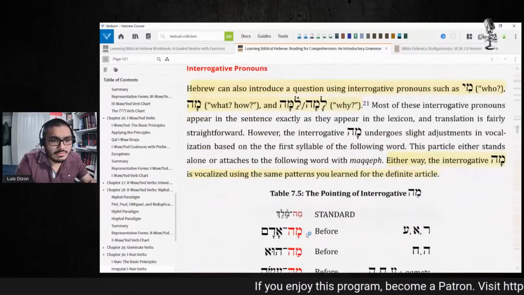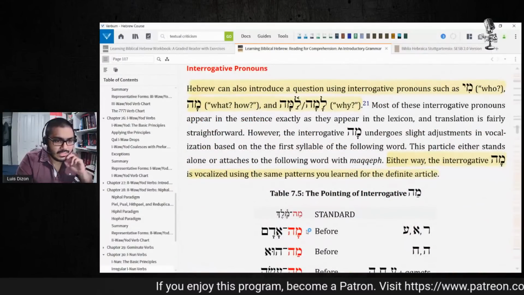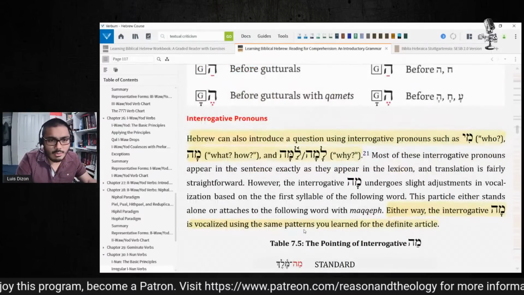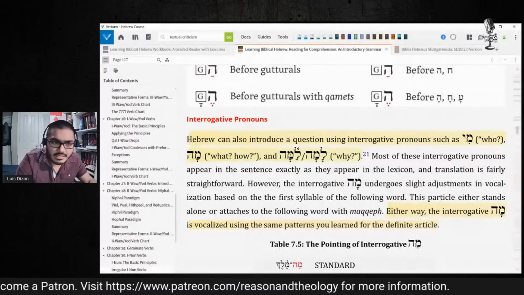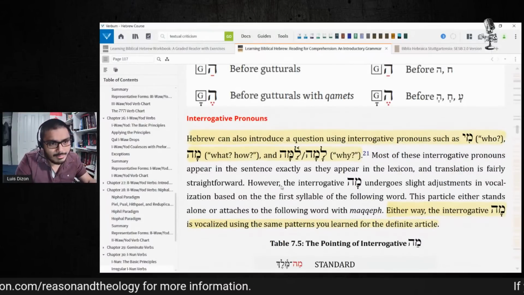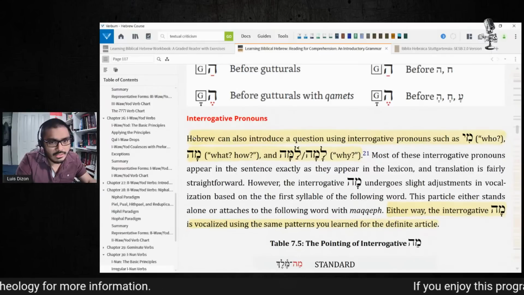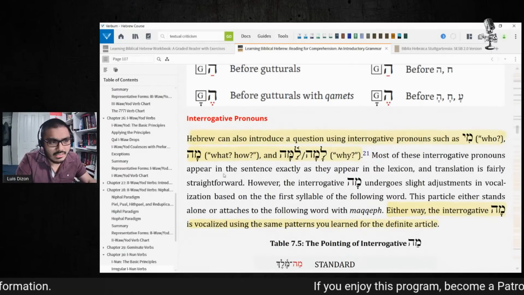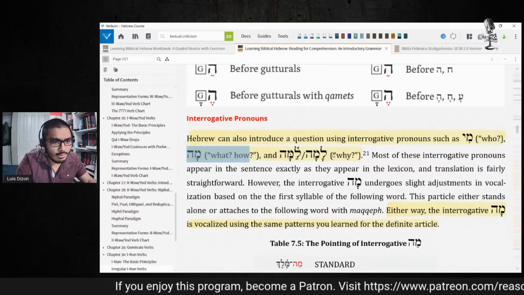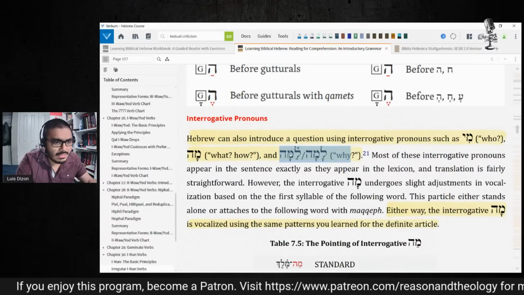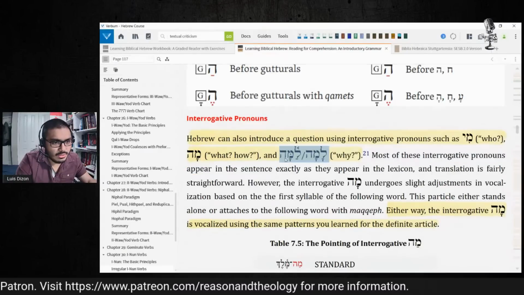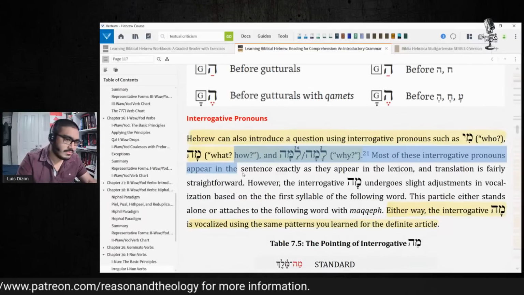There are also a bunch of other ways of determining an interrogative. You have the standard who, what, where, how, why, and you'll learn all of them eventually. The most common ones that you will run into will be the who, mi, and then the what, which is ma, and then the why, which is lama, which is really "to what" if you analyze it closely.